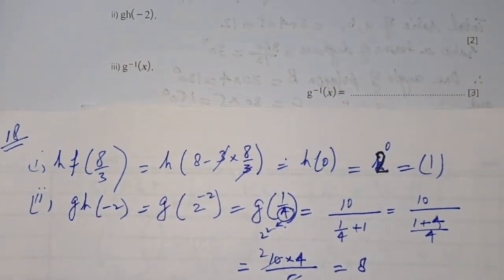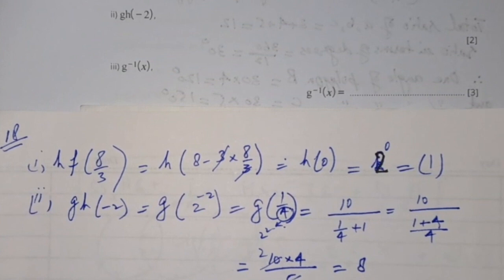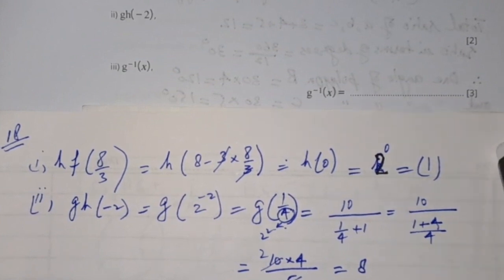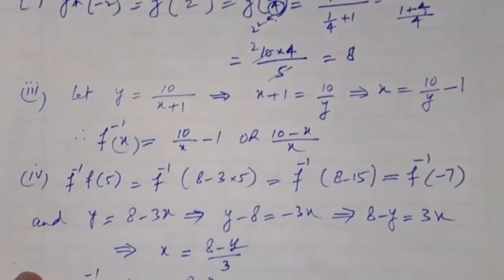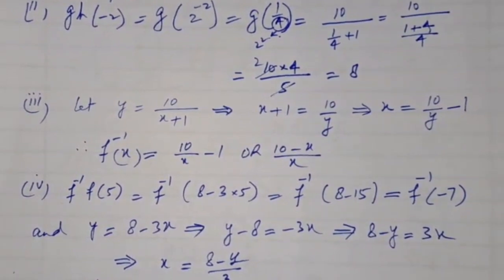Then you have to work out g inverse x, and this is for 3 marks. So when you have to work out g inverse x, that is the third part, you always take the equation equal to y for finding out the inverse function of a function.